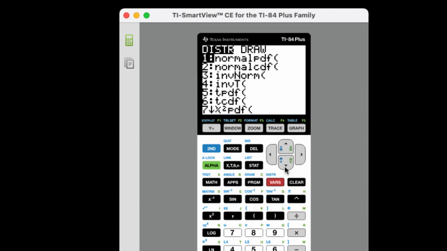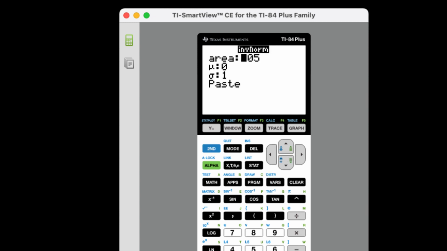Second distribution, inverse norm, 0.025. Is that right? Okay.